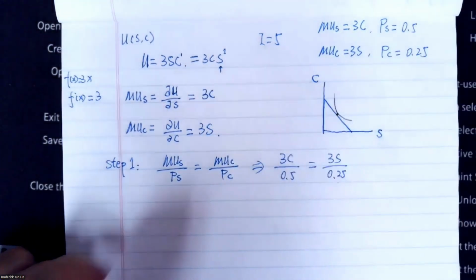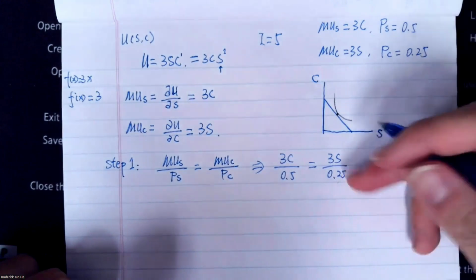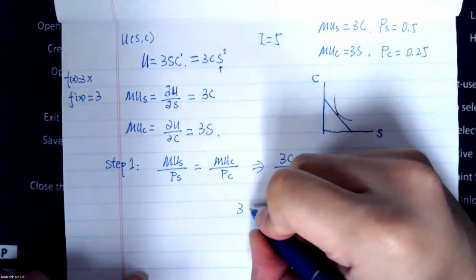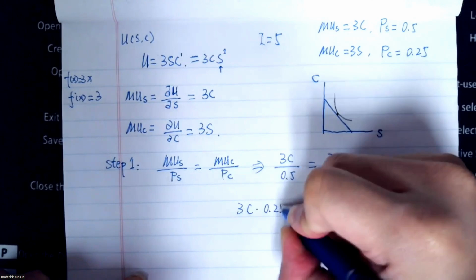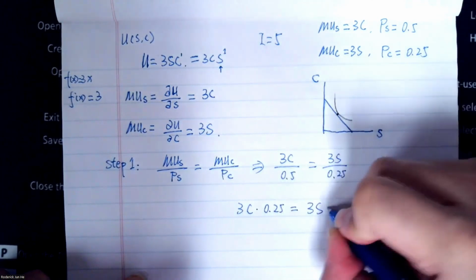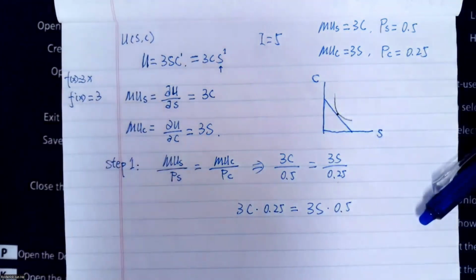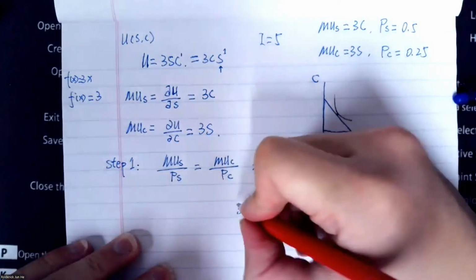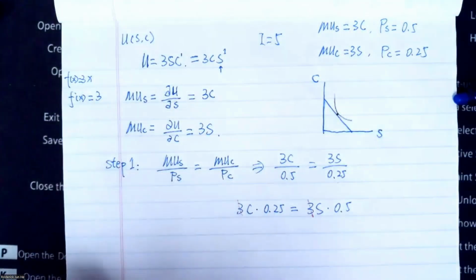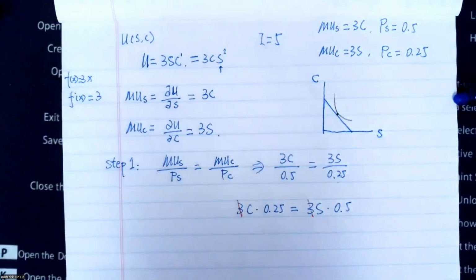So we can cross multiply, right? That is 3C times 0.25 equals 3S times 0.5. Here we can do some elimination first. The 3 is the same on both sides, so we can eliminate them.